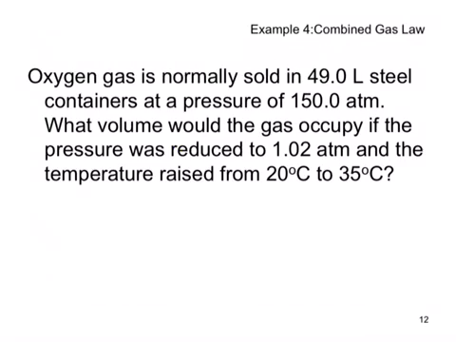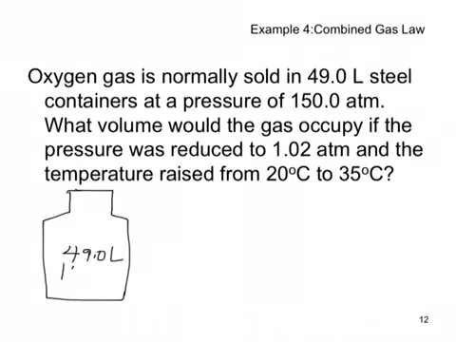We are given that oxygen is normally sold in a 49-liter steel container. So this is a cylinder, let's say. This is the steel cylinder. The volume for this is 49.0 liters. The pressure that is maintained is 150 atm. What volume would the gas occupy if the pressure was reduced?